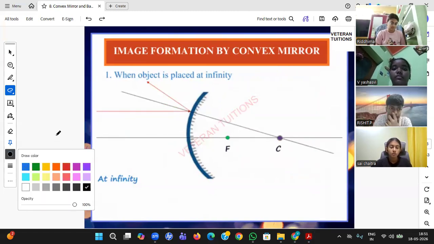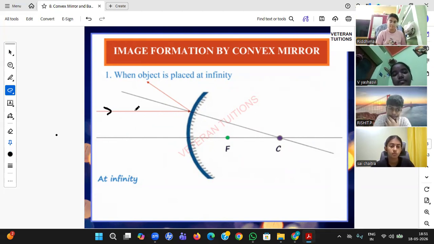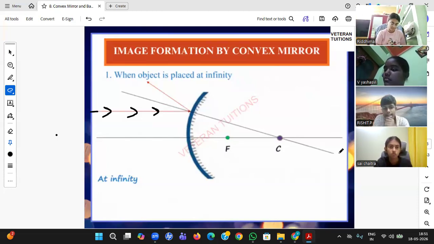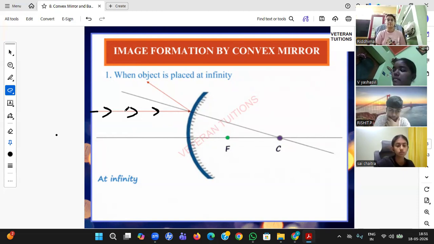Okay, Sai Chaitra, what is the property of a light ray which is parallel to the principal axis? What is the main property of the ray that is coming parallel to the principal axis? After reflection, what should it do? It passes through the focus. Very good. Student, as it is a convex mirror, it is definitely going away, but I need to ensure that this ray passes through the focus also.